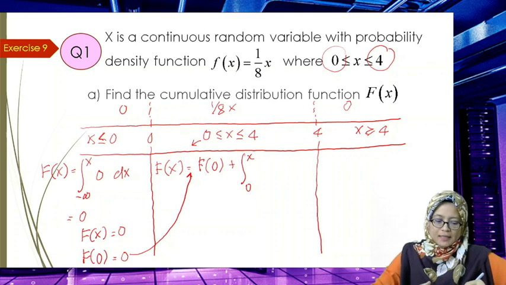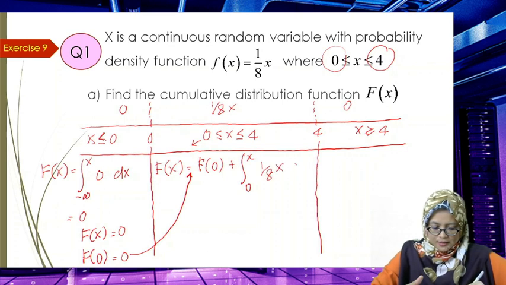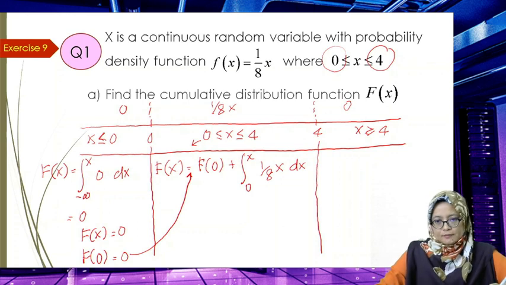Dia akan sampai kepada satu nilai x yang kita tak tahu nilai berapa. Okay, so untuk interval ni kita nak integrate. So sini kita ambil function 1 over 8x dx. F(0) tadi kita dah cari nilai dia 0.